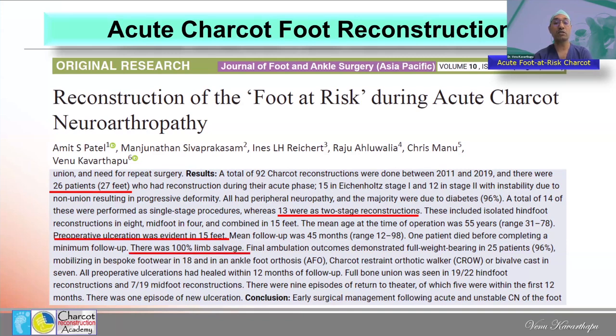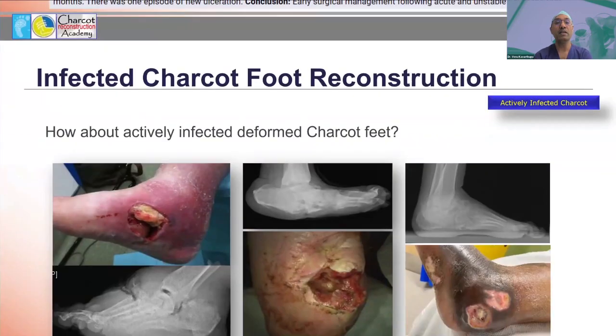Preoperative ulcerations were noted in 15 feet. Even in this series, we have noted 100% limb salvage, and full weight bearing was achieved within the follow-up period at 25 months in 25 patients. All preoperative ulcerations had healed.